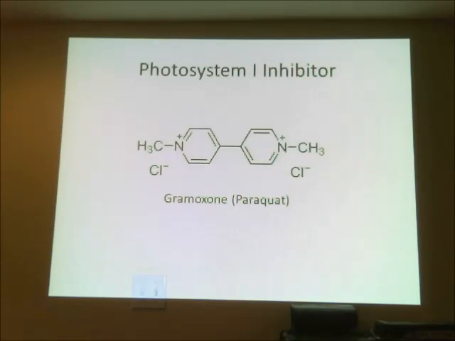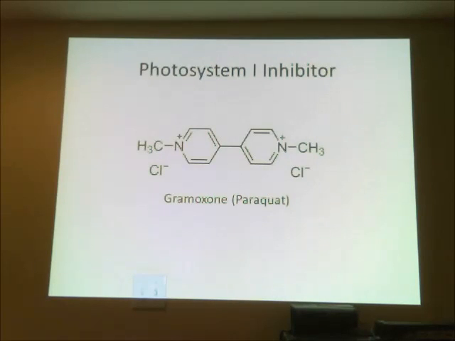Here's a photosystem 1 inhibitor called paraquat. Ramoxone is the generic name for this compound, and it is one of these bi or dipyridylium types of compounds. You'll notice it's a charged molecule here, has a positive charge on both of these nitrogen atoms.